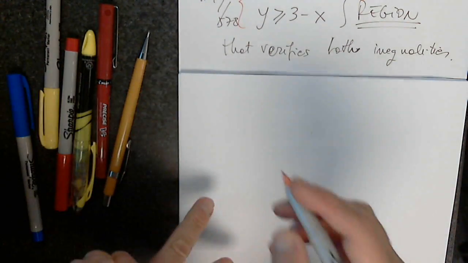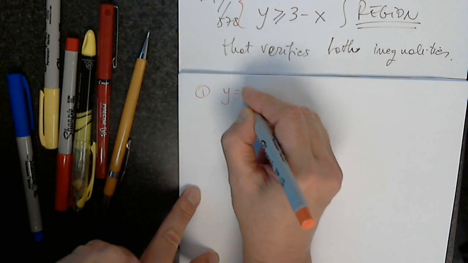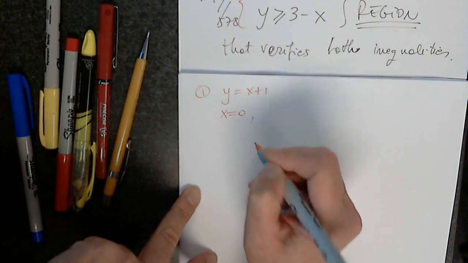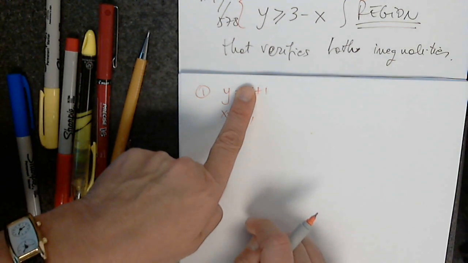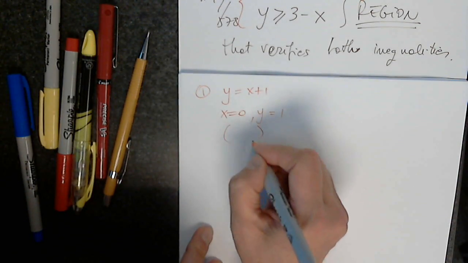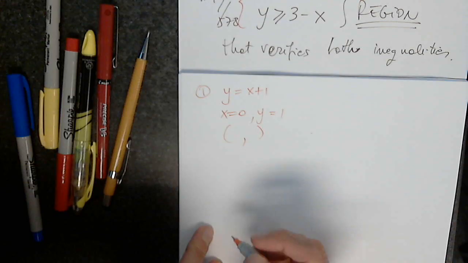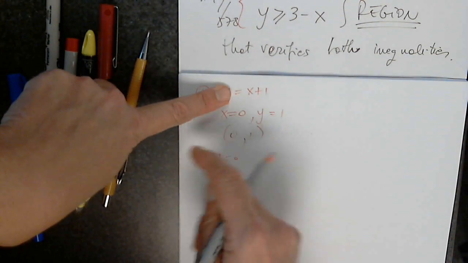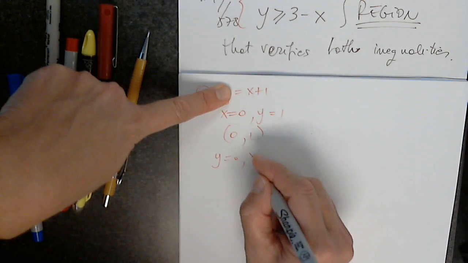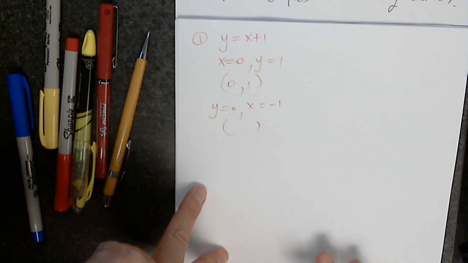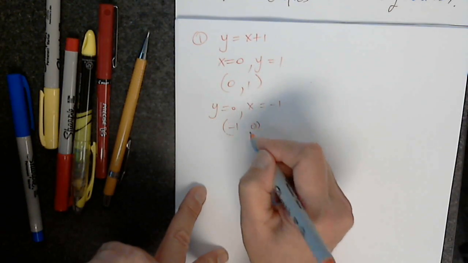Ready? So step 1, y equals x plus 1. When x is 0, how much is y? And the ordered pair is? Perfect. When y is 0, you have to move 1. Negative 1. And the ordered pair is? Negative 1, 0.